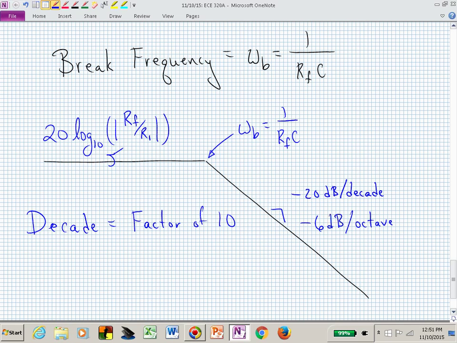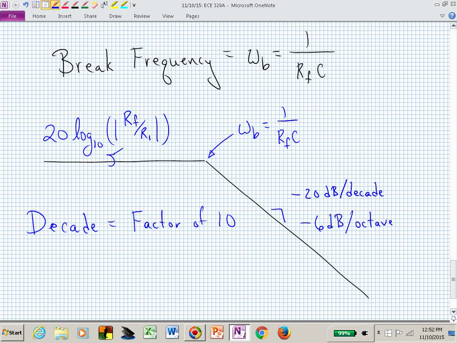We run over to 30 in omega, and we would be at minus 20 dB. If we went to another frequency that was a decade beyond 30, which would be 300, and we looked and found the magnitude, we're at minus 20, we went one more decade, now we're another minus 20, we're at minus 40.